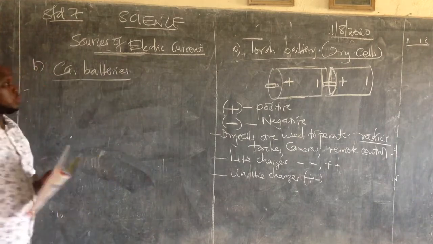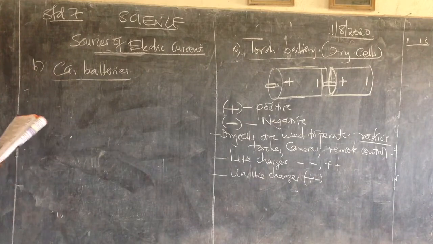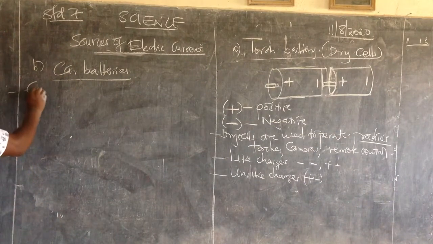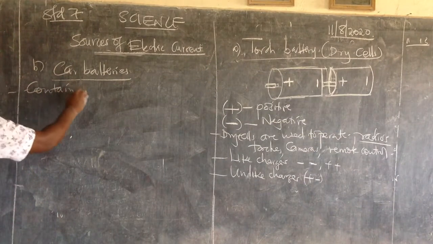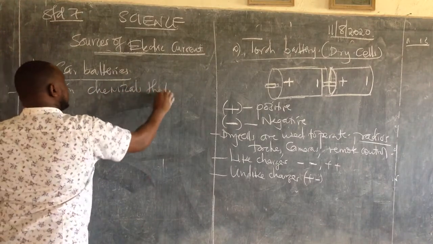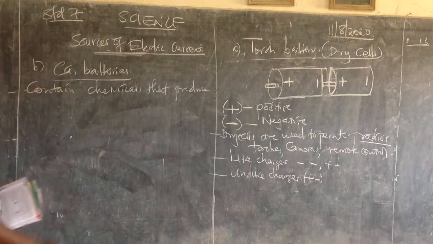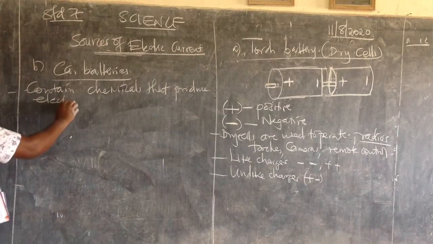So car batteries are also sources of electric current. So they contain chemicals that produce electric current.